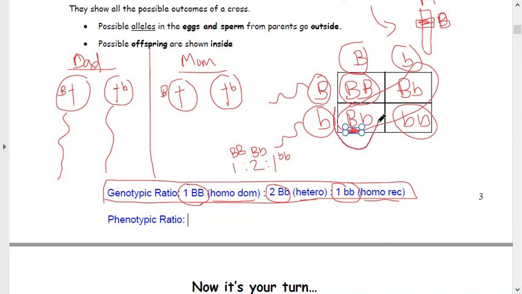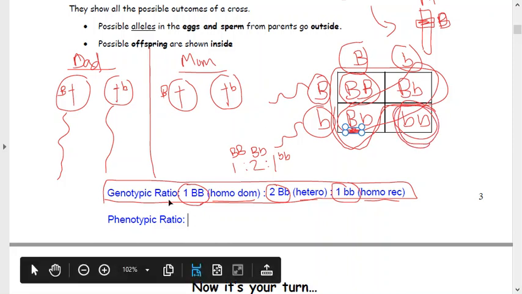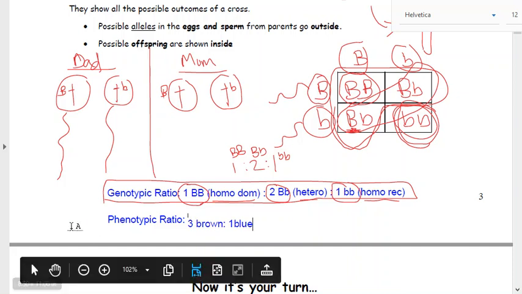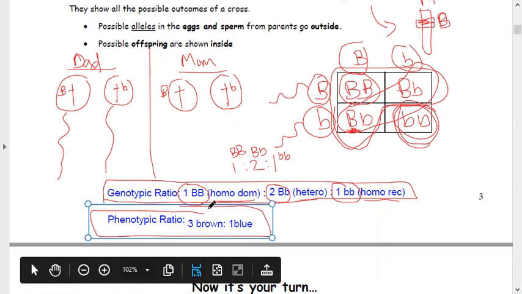So all of these three are brown. So 3 individuals are brown, and this homozygous recessive individual here would be blue-eyed. So you would say 3 brown to 1 blue, and that would be your phenotypic ratio.